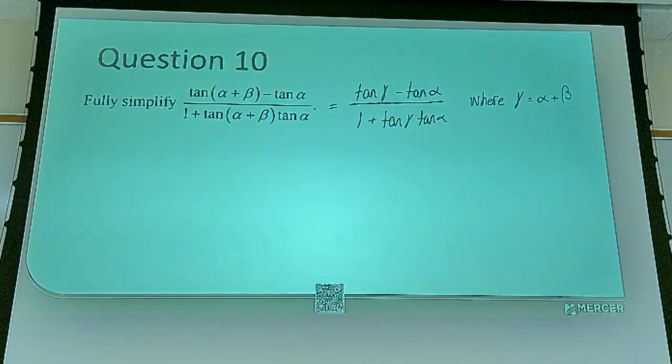Why? Just to make it easier. You don't have to if you can see it right away, but this just makes it more obvious. That's a difference identity on tangent.